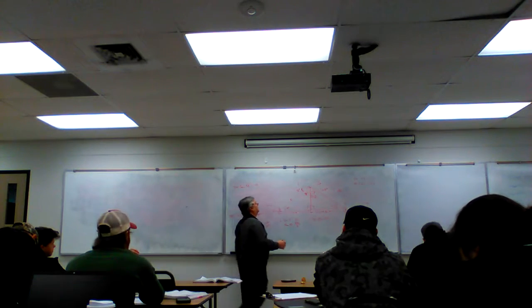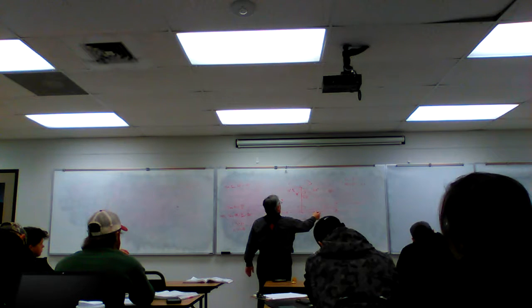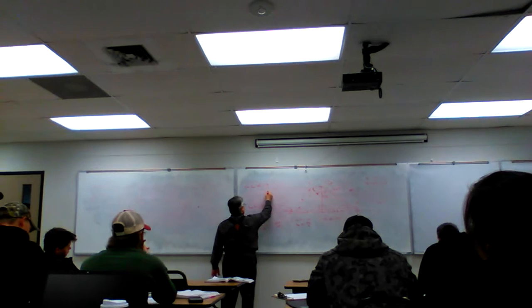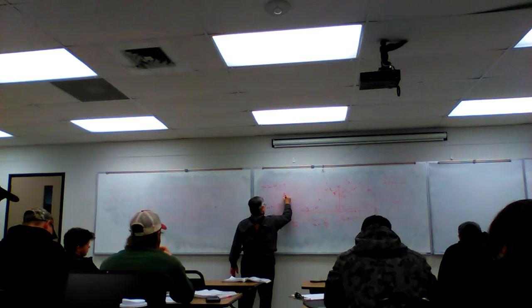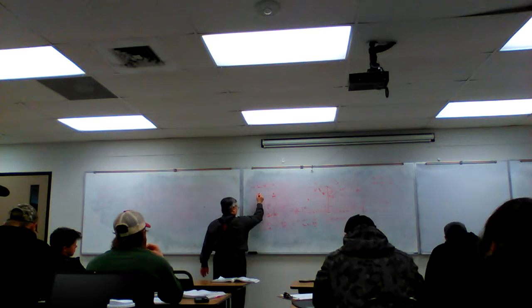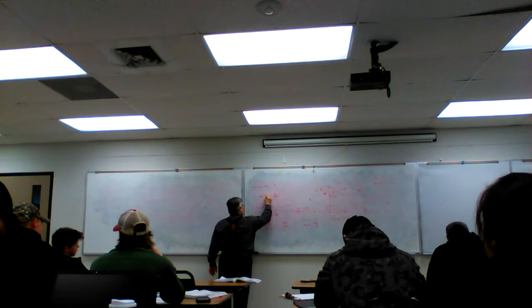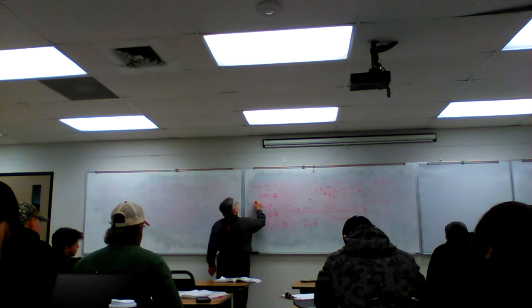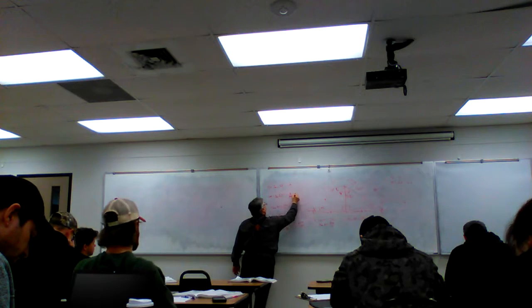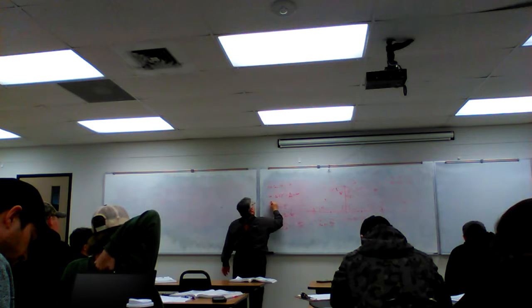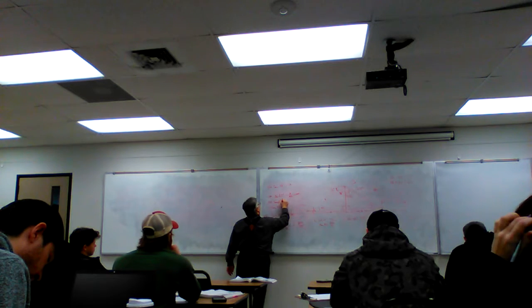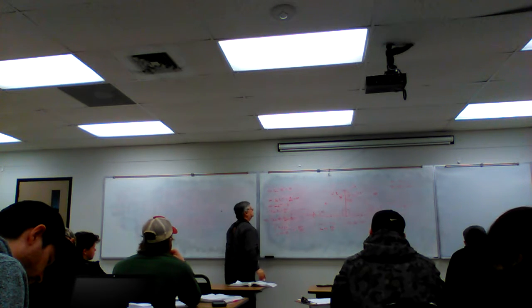We want B divided by 500, and that's equal to the tangent of 67. So B then is equal to, multiply both sides by 500, and we get 500 tan 67 is equal to B.